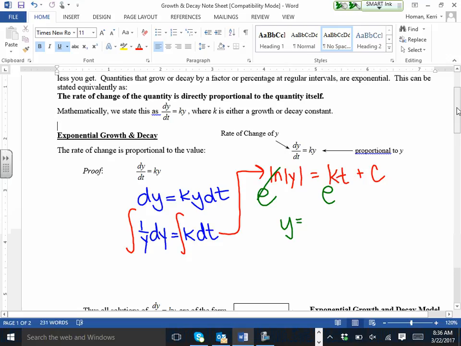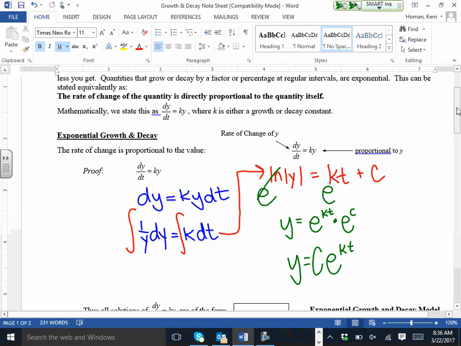Okay? And then we have e to the kt times e to the c if we want to go ahead and break that up. And so then the general solution to our differential equation is y equals c e to the kt.